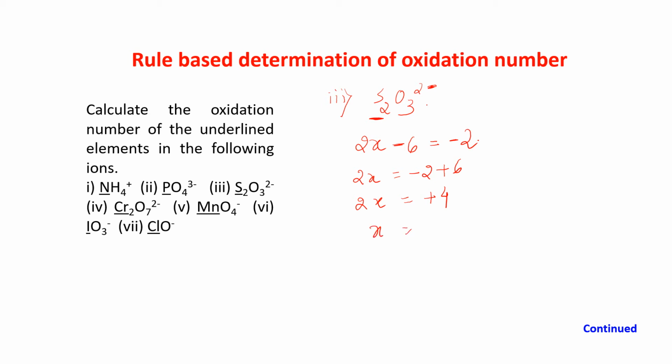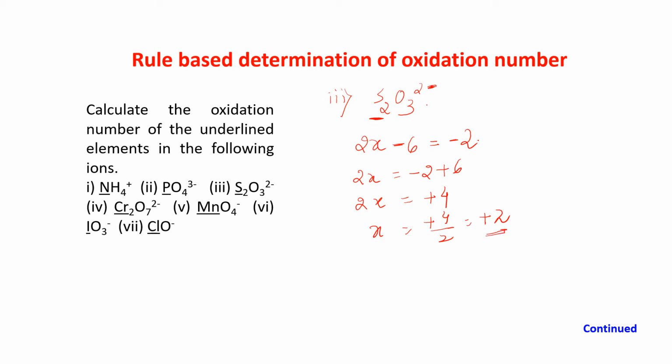X is equal to +4 by 2, that is +2. So the oxidation number of sulfur in the S2O3 2- ion is +2.